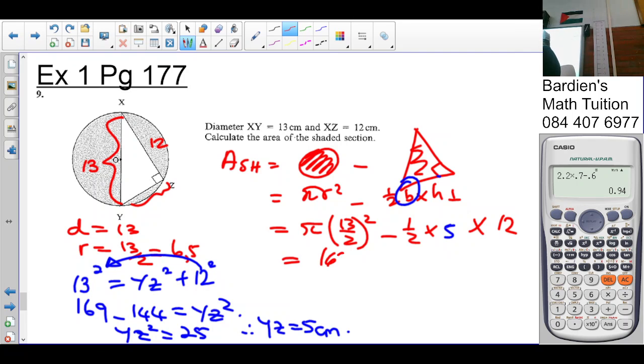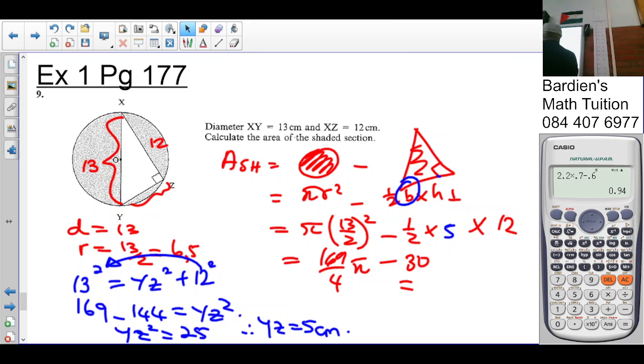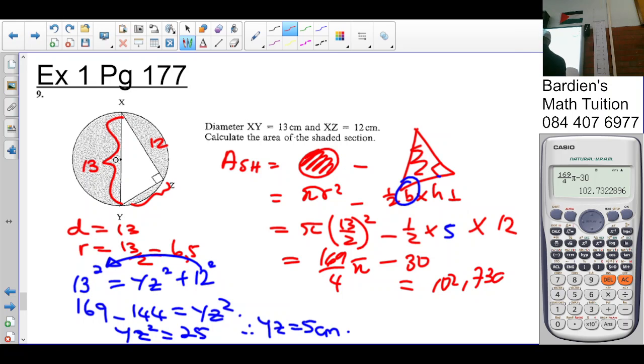So that is 169 over 4 pi minus 6 times 5, which is 30. Which gives you 102.73 centimeters squared. Okay. Any issues there?